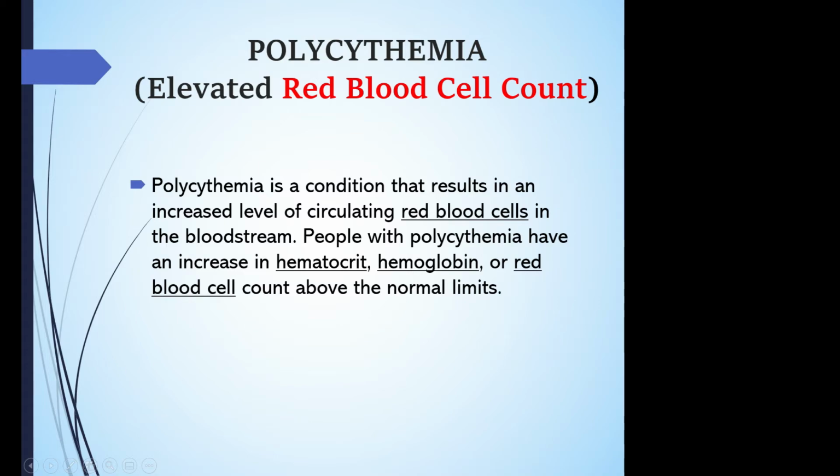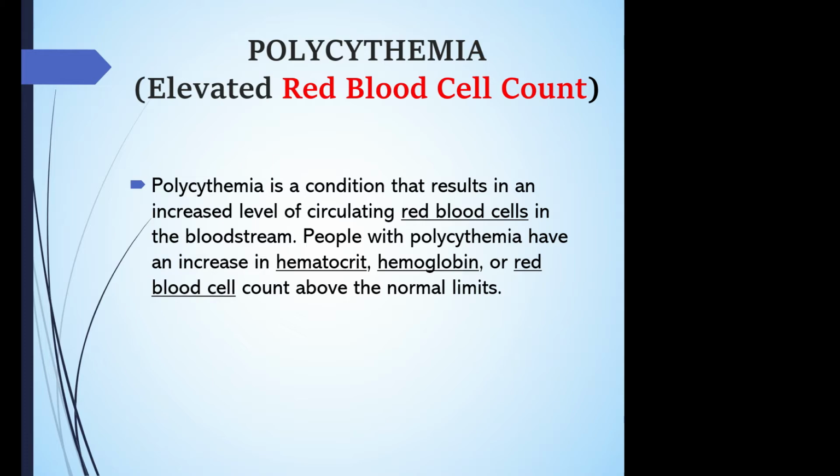Now come to another condition which is associated with red blood cells, but here the number of RBCs will be increased, and the condition is polycythemia. Polycythemia is a condition that results in an increased level of circulating red blood cells in the bloodstream.